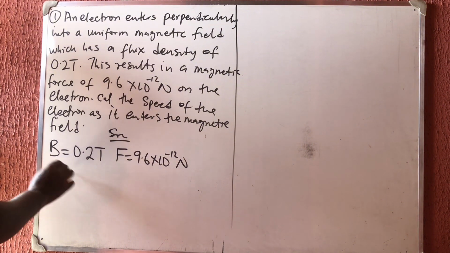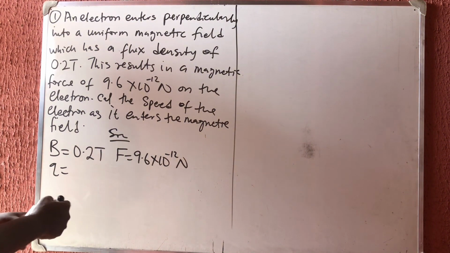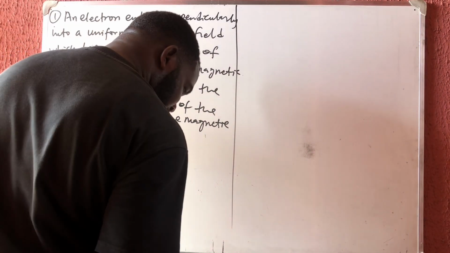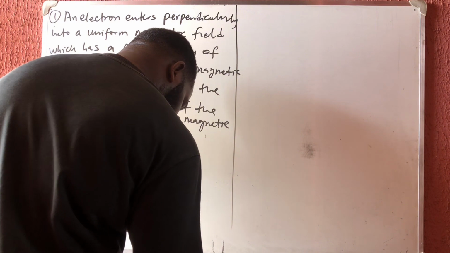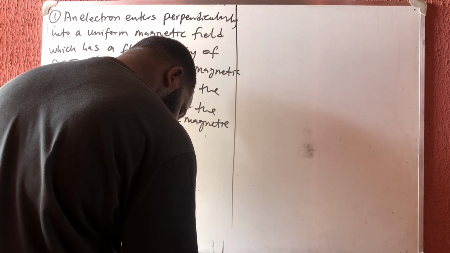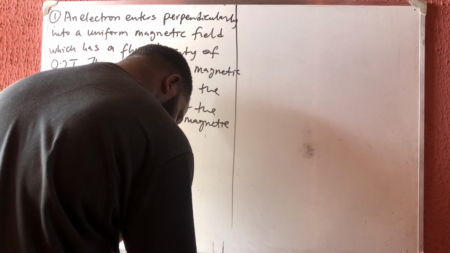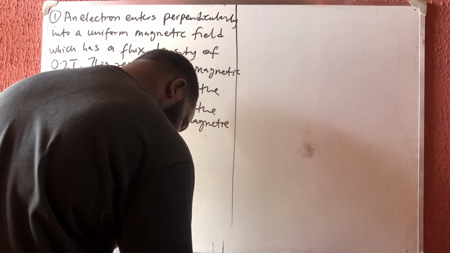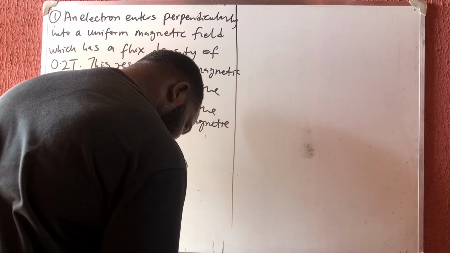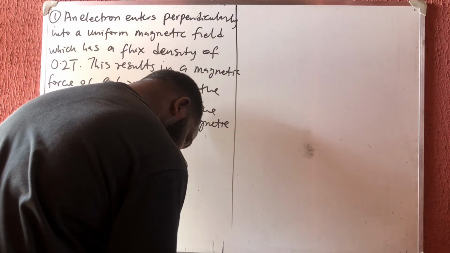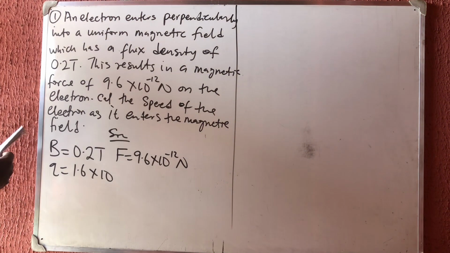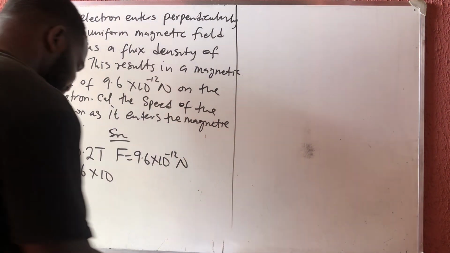The next thing they gave us is charge, because they said it's an electron. So charge of electron is a constant, 1.6 times 10 raised to power what? It's a constant, you need to know it. Charge of electron is 1.6 times 10 raised to power minus 19, I guess.